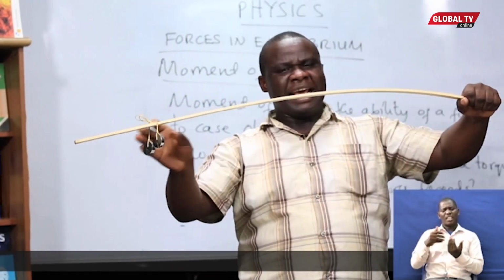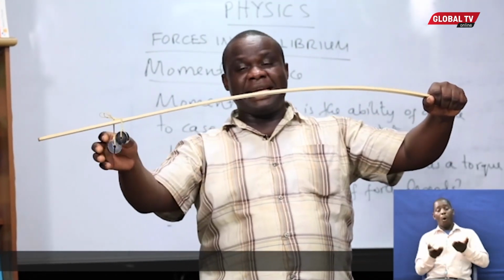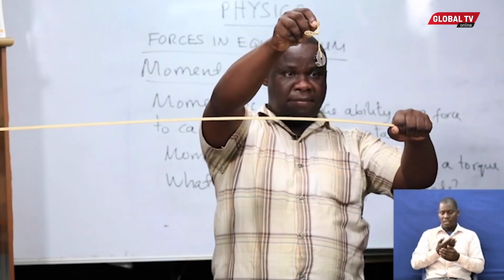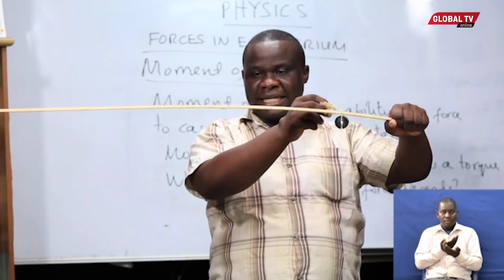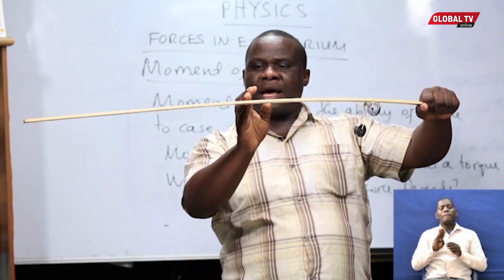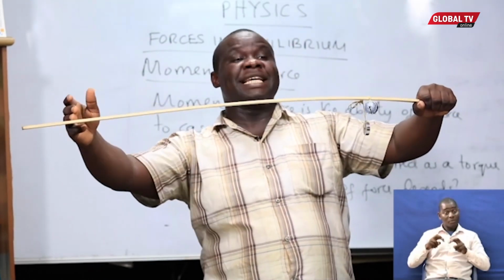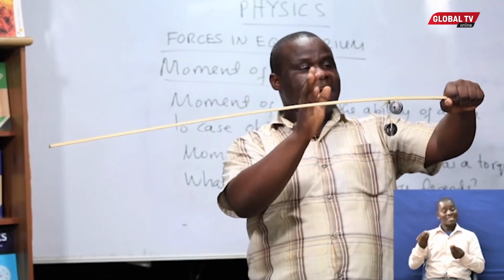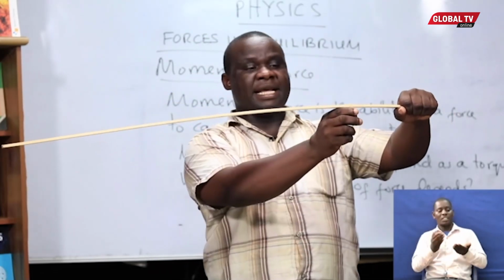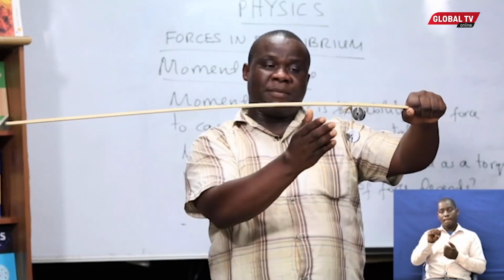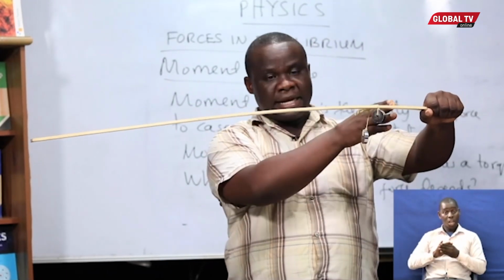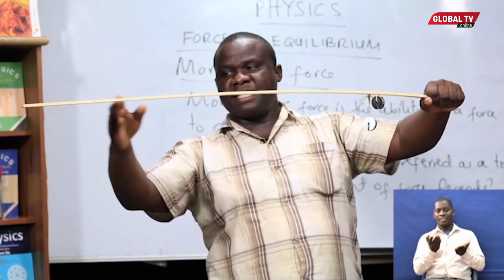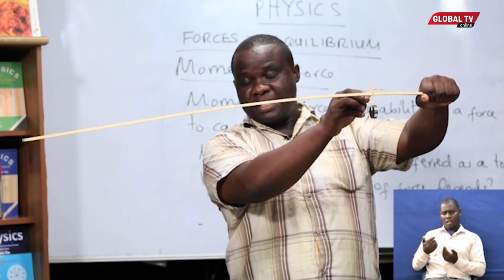We can conclude that the moment of force depends first on the force, and the force is this one. These masses are the force, in fact. But you also observe that as I increase the distance, the moment of force also increases. So we can simply say now that the moment of force depends on the mass, which we can call force or weight, but it also depends on the distance. This distance, as we have seen, should be perpendicular to the masses.